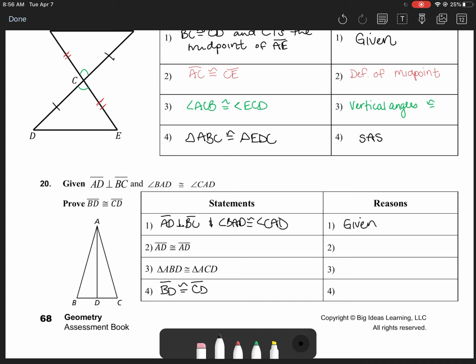So I can mark this up. AD and BC, that tells me it's going to hit at a right angle. And angle BAD and CAD are congruent. Well, I'm guessing that the middle piece, which is one of the next ones, is AD and AD. And that's going to be based on my reflexive property because that segment is the same.